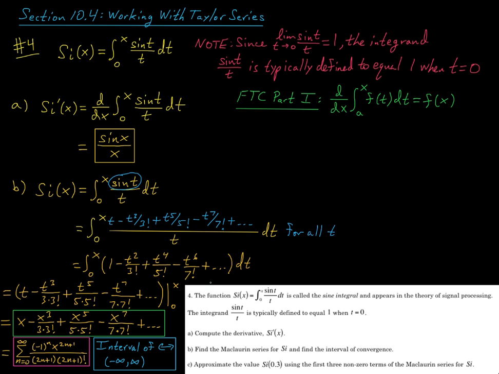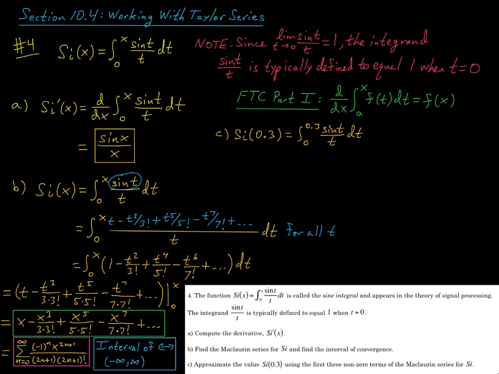Cool. Now for part C, it says approximate the value Si of 0.3 using the first 3 non-zero terms of the Maclaurin series for Si. Si of 0.3 by definition is the integral from 0 to 0.3 of sine t over t. Like the last question, there is not a nice Calc 2 approach to computing this integral.